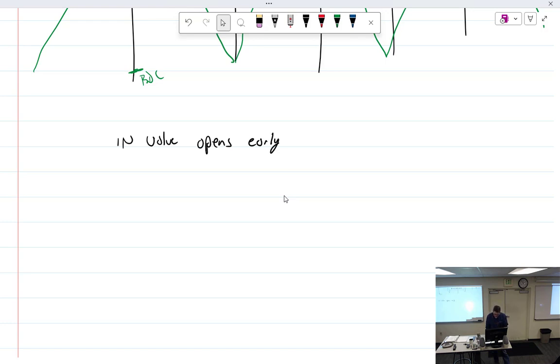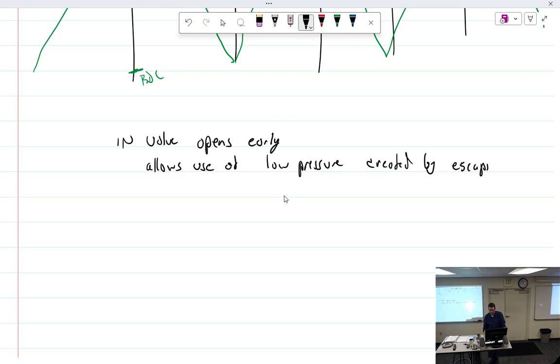Opens early: allows use of low pressure created by escaping exhaust gases to pull in F/A. Get used to this, F/A stands for fuel air mixture.